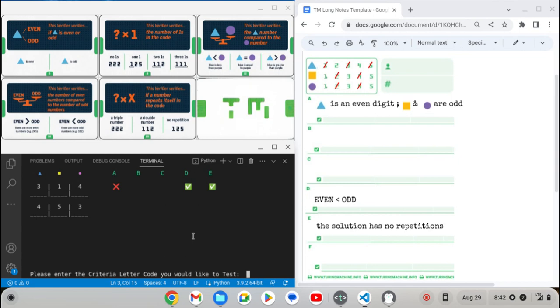Okay, so it looks like we only have 2 tests to make. I'm trying to see if we can deduce one of the criteria cards.